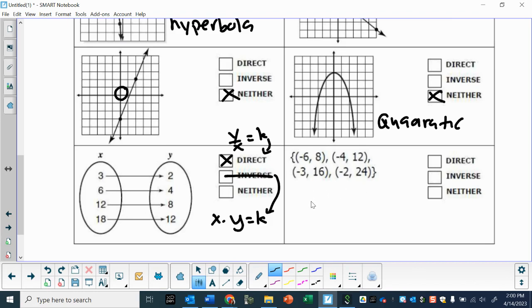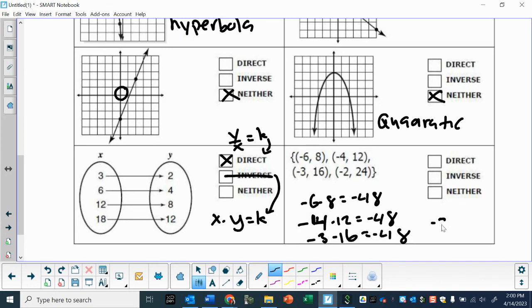And last one, negative 6 times 8 is negative 48. Negative 4 times 12 is negative 48. Negative 3 times 16 is negative 48. Negative 2 times 24 is negative 48. When we multiply x and y together to get k, that's inverse variation.